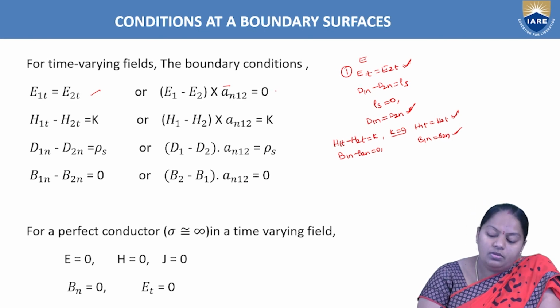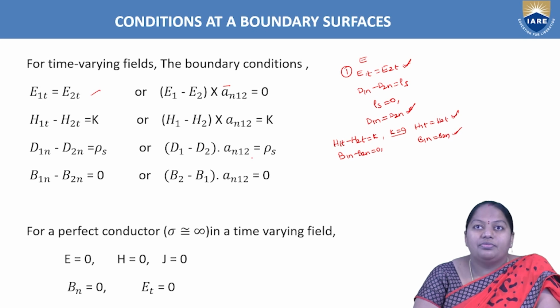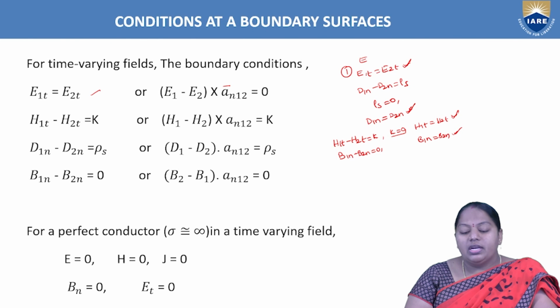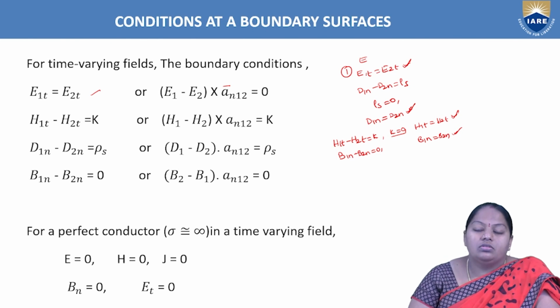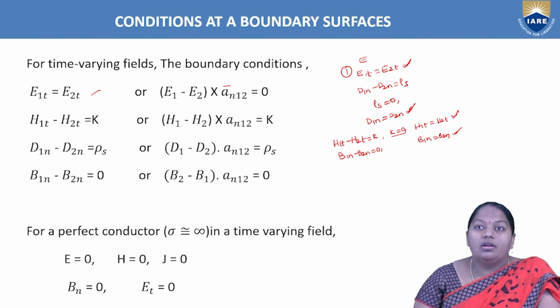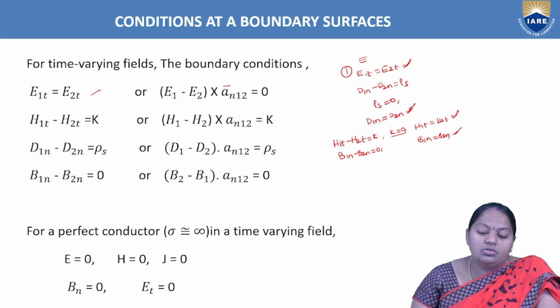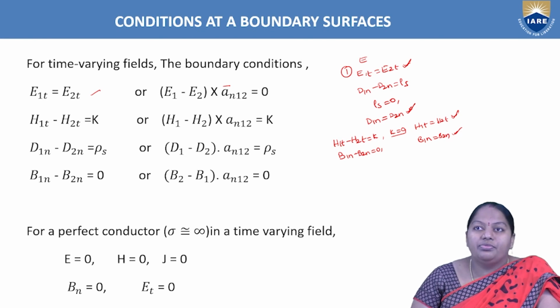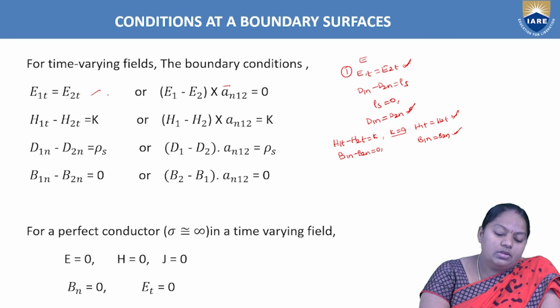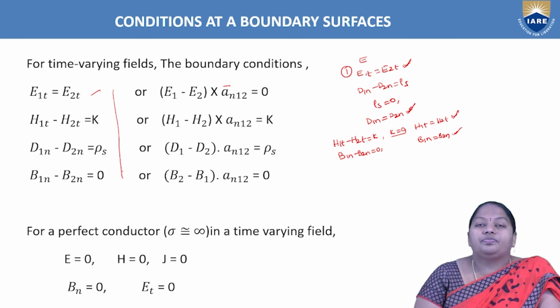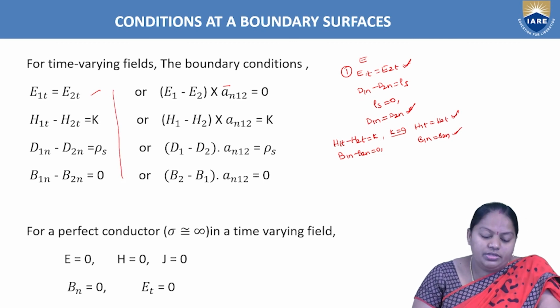So these are the four boundary conditions that exist in electromagnetic or time varying fields.